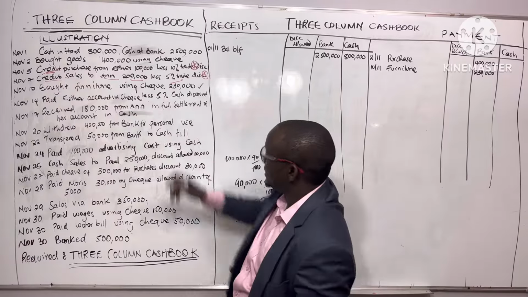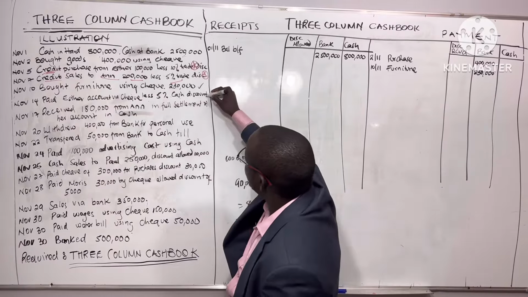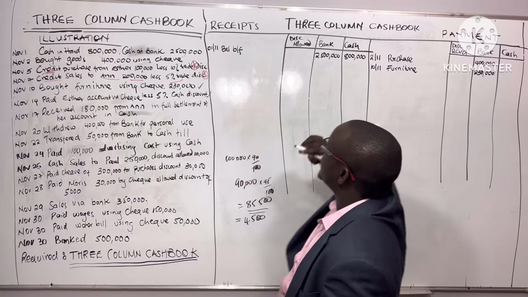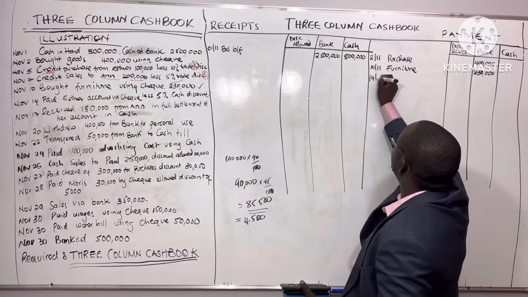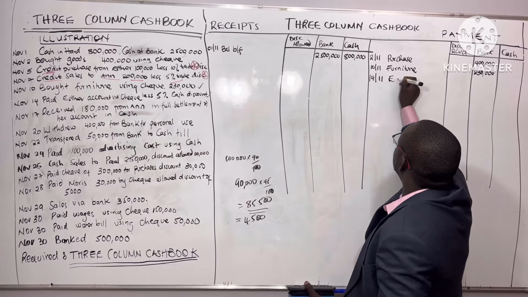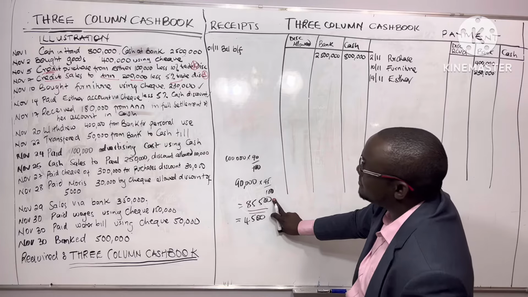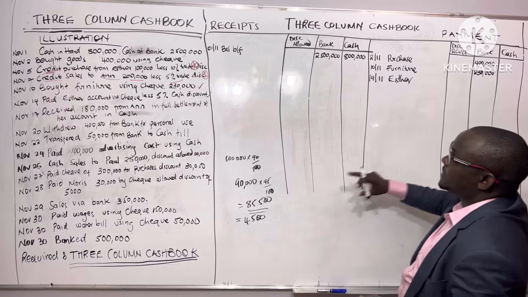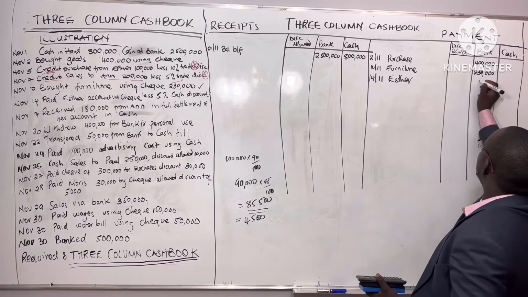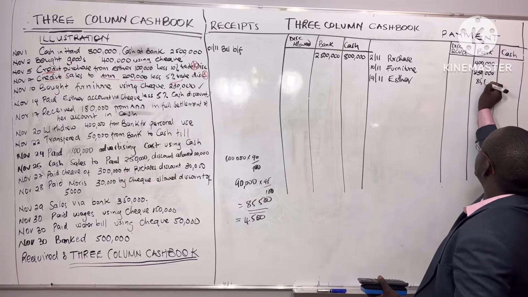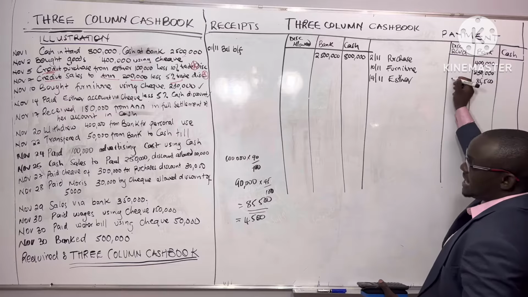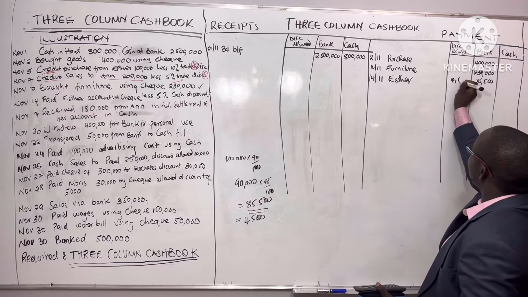So for this transaction, we are paying Esther on 14th of November 85,500, but we are receiving another discount of 4,500.